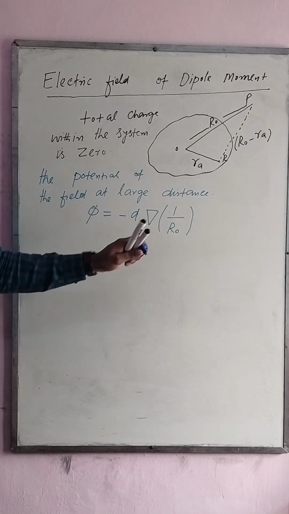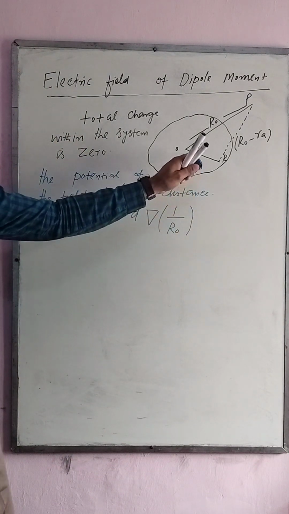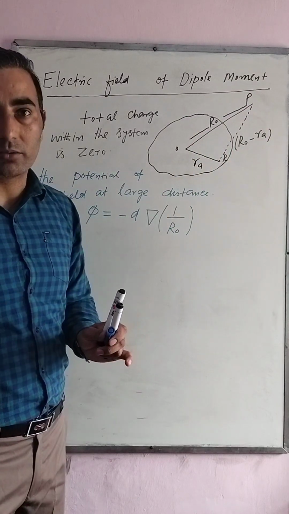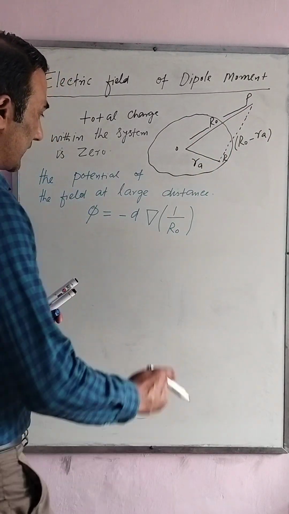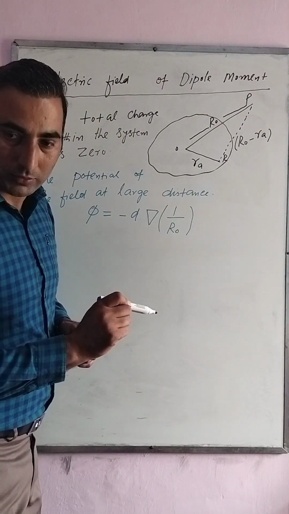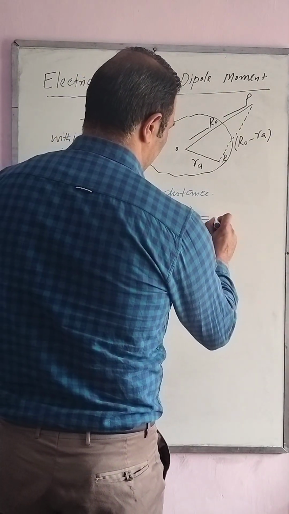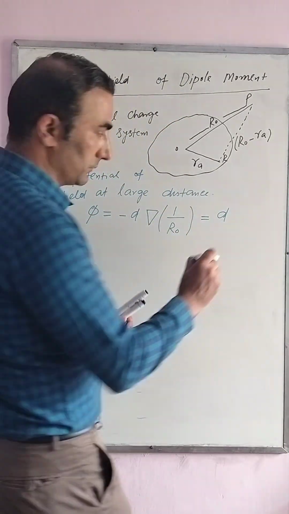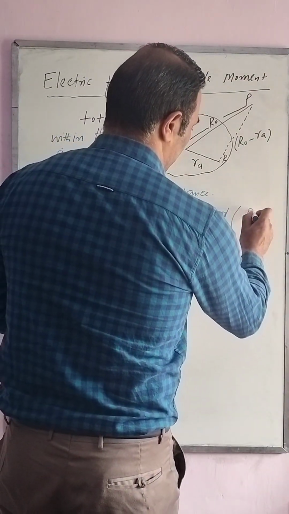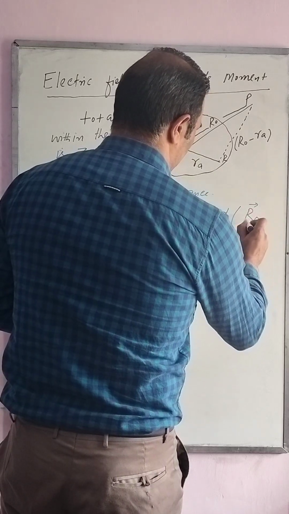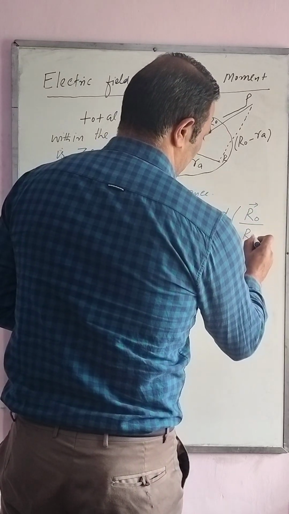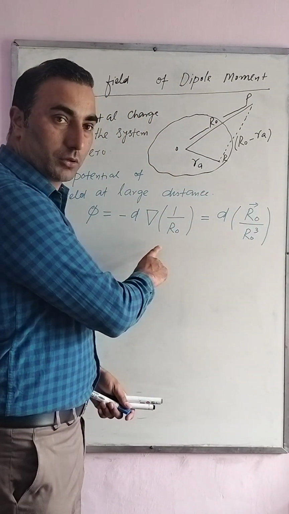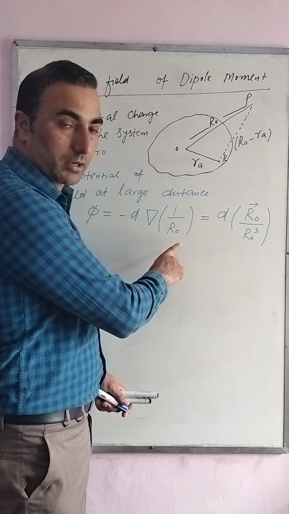Okay. So this is the dipole and this is the distance from the center to the point where we want to calculate this electric field. Or you can rewrite this as, so this will be equal to, because when you differentiate this with respect to r naught, it will be minus 1 by r square.